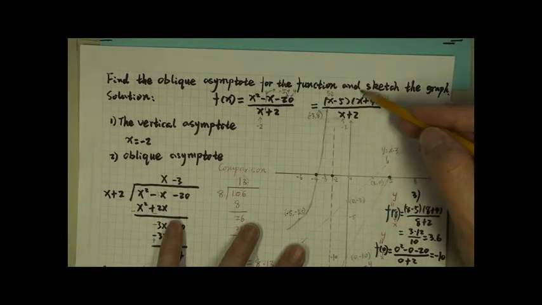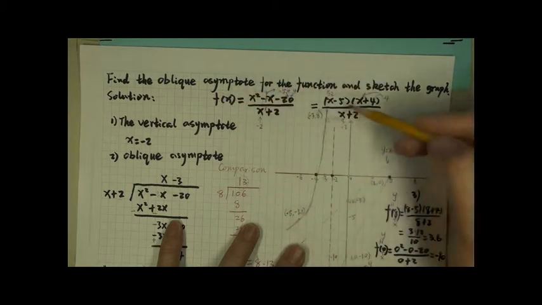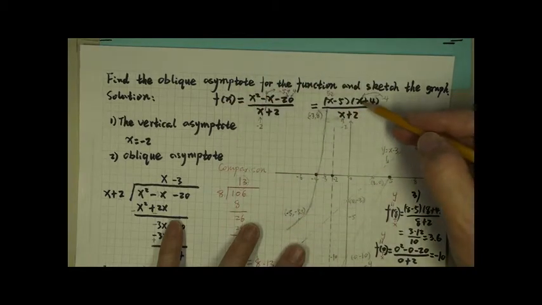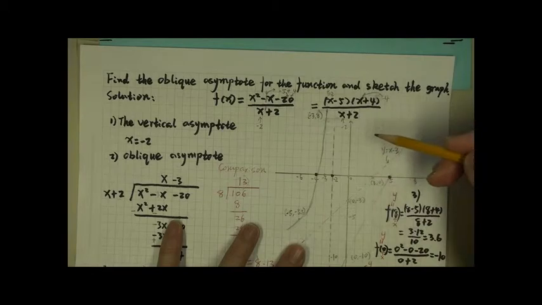If the numerator is 0, the whole quantity will be 0. So negative 4 is a 0 point, so is 5.